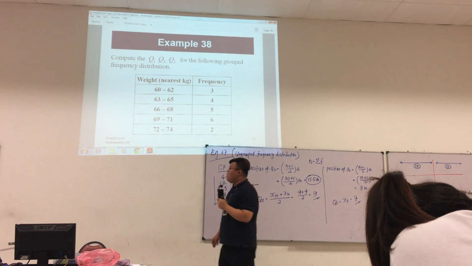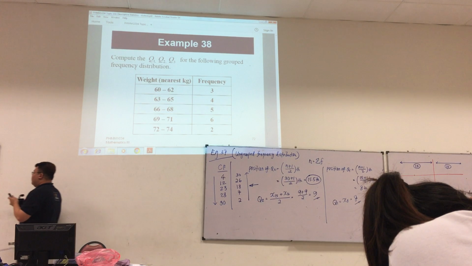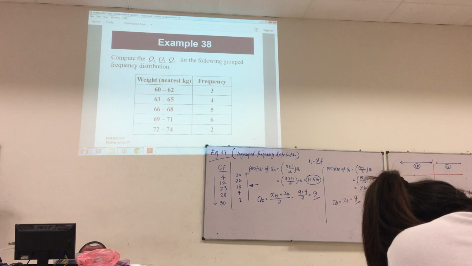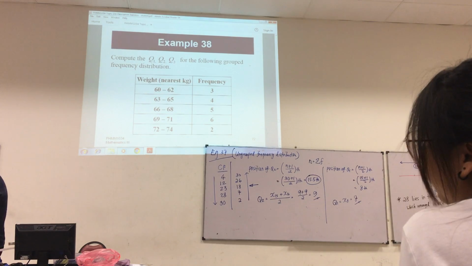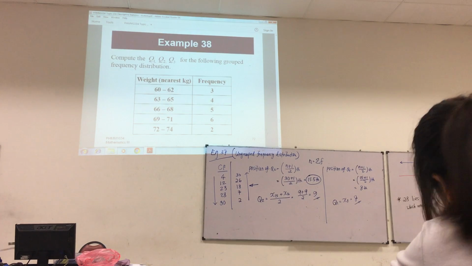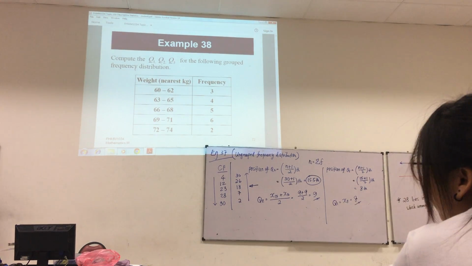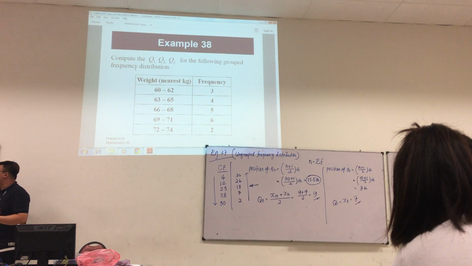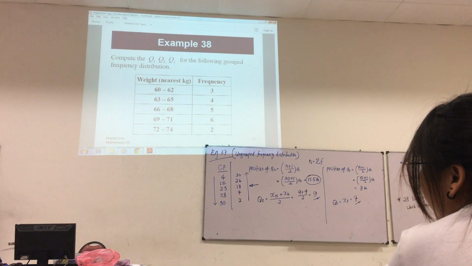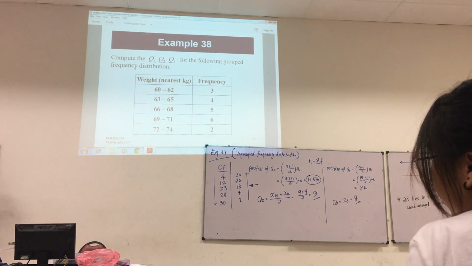So your LQ, the lower boundary of the Q1 class, will be 62.5. Next, we go to CQ. CQ is the class width of the Q1 class, which is 65.5 minus 62.5 to give you 3.